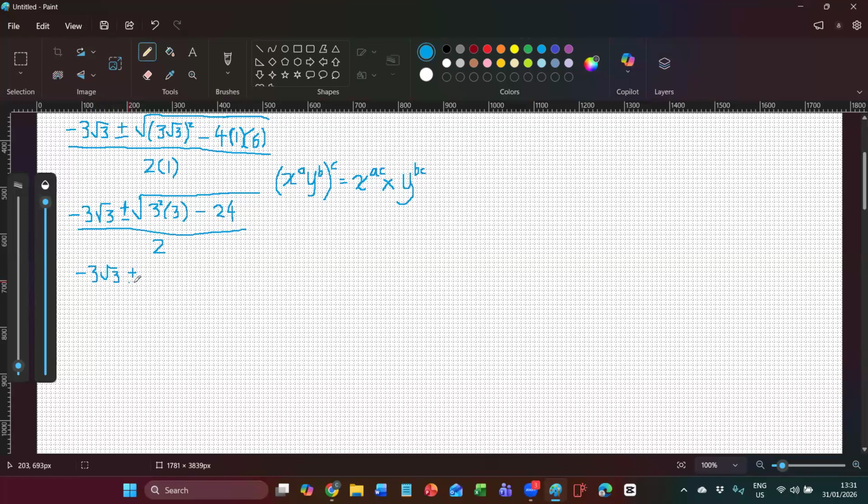So under that square root sign, I'll have 27 minus what? 27 minus 24, isn't it? Yes. And 27 minus 24 is what? 3. That's 3 exactly. Okay, so everything is looking nice.